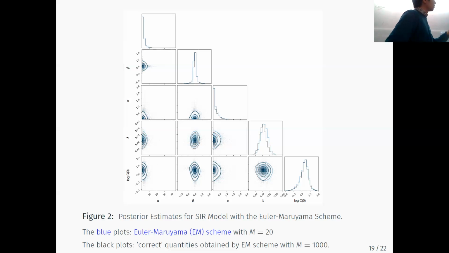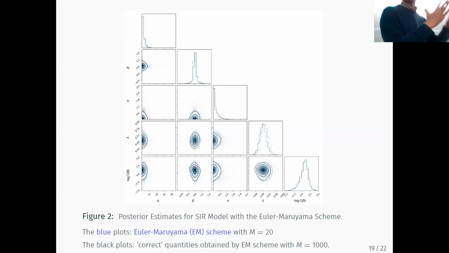And you will see two plots. The black one is the tracked quantities computed by the data augmentation with the Euler-Maruyama scheme with 1,000 imputed intermediate values between the observations. And you will also see the blue plots. This is calculated by the Euler-Maruyama scheme with 20 intermediate points. You will see visible differences between the black and blue plots.